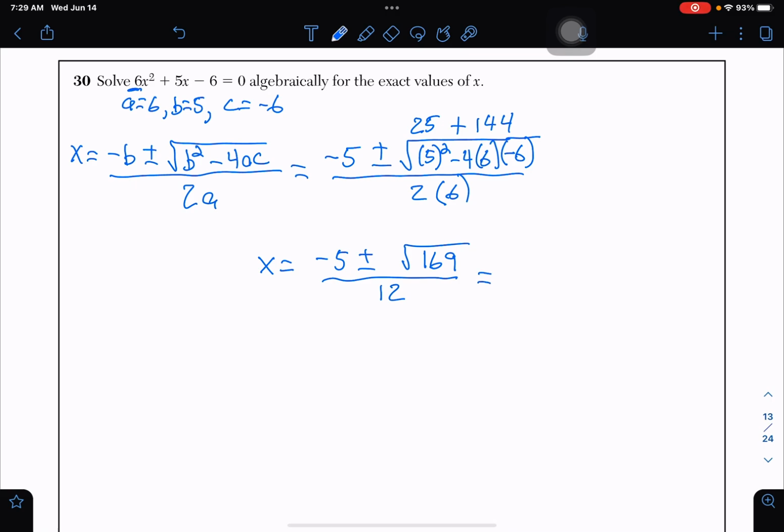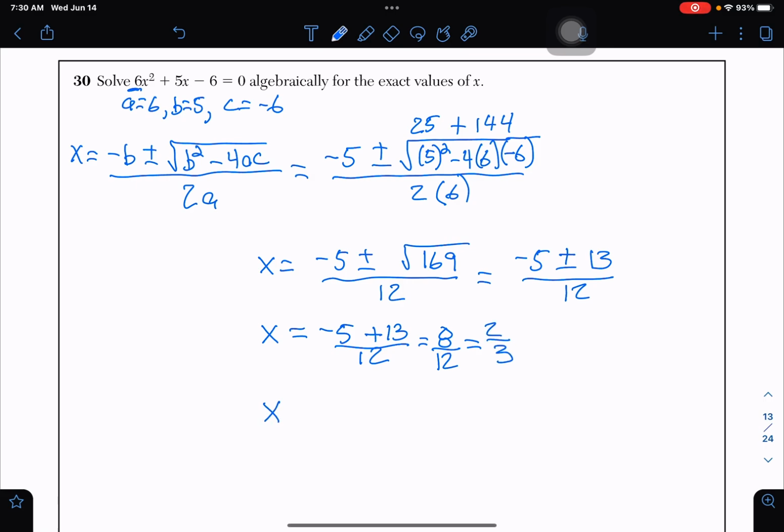So we can replace 169 with 13: negative 5 plus or minus 13 over 12. So we have to do this twice. First we're going to do the positive case. X is equal to negative 5 plus 13 over 12, right? Negative 5 plus 13 is 8 over 12. And you can reduce that to 2/3.